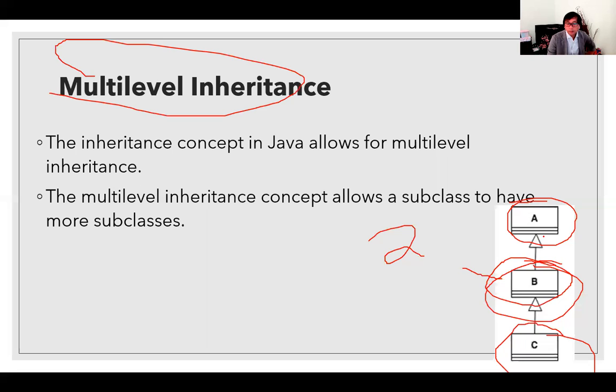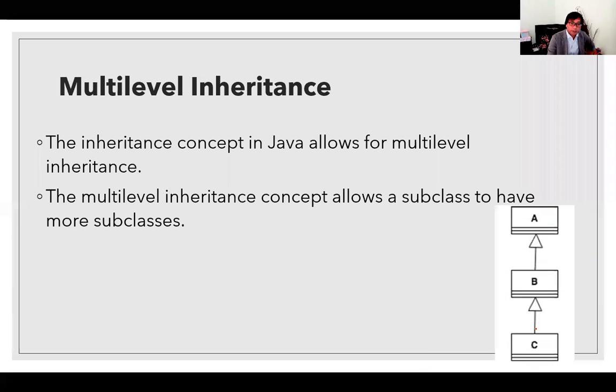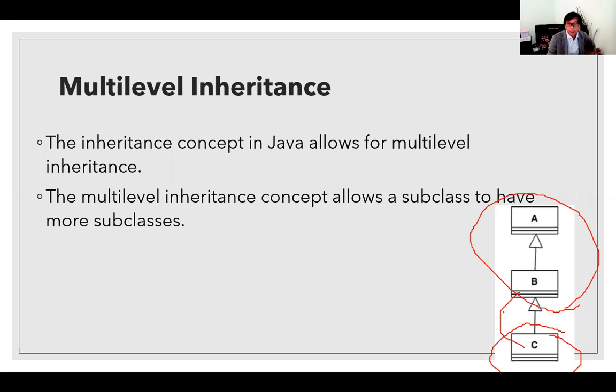As you can see, with this kind of inheritance, it means that the class C will have all the attributes and methods belonging to its parent and also belonging to its ancestor.